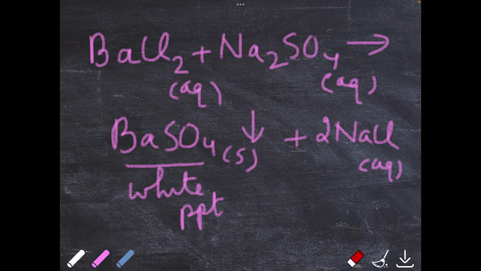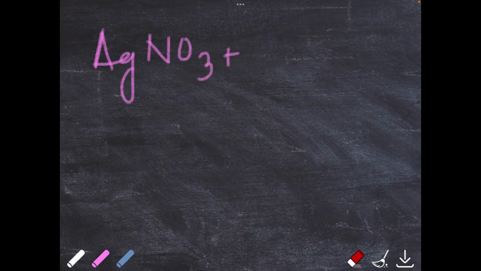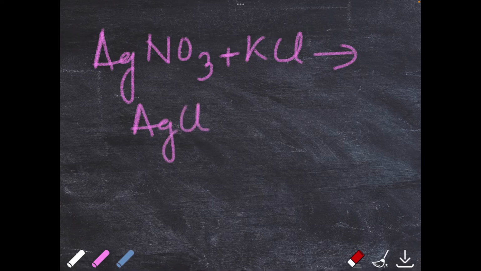Let me give you another example of a precipitation reaction. Silver nitrate plus KCl will give you AgCl. Again, these are aqueous solutions.